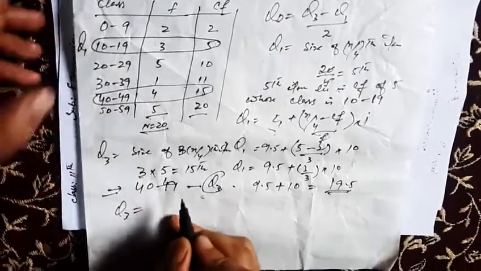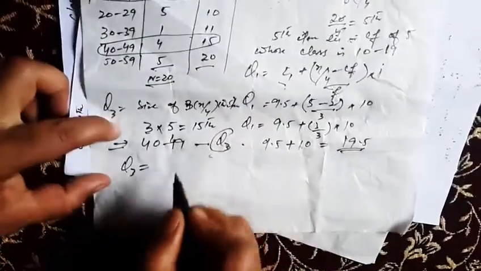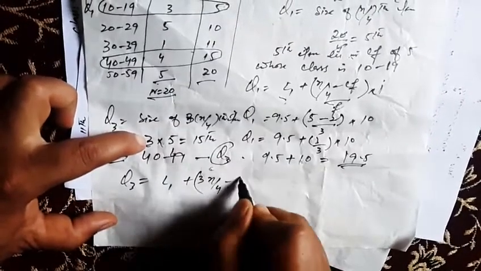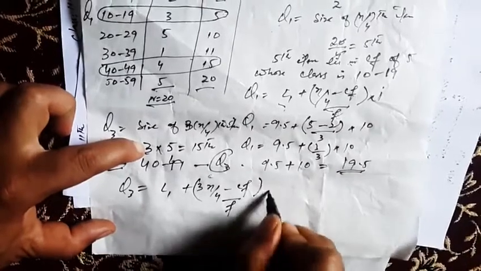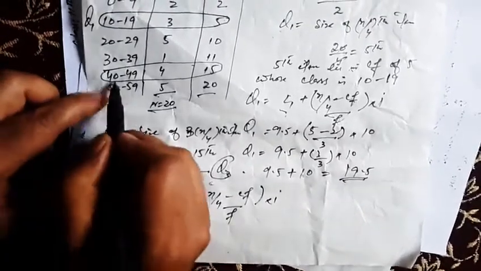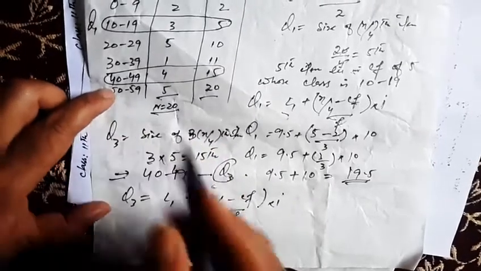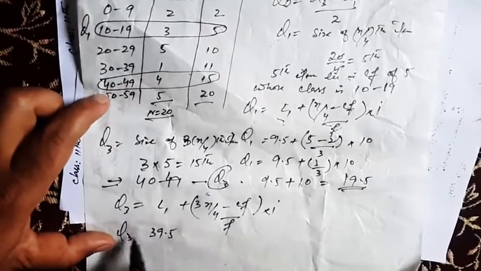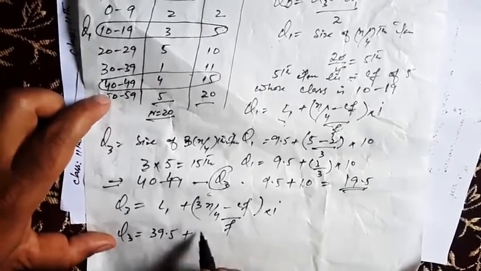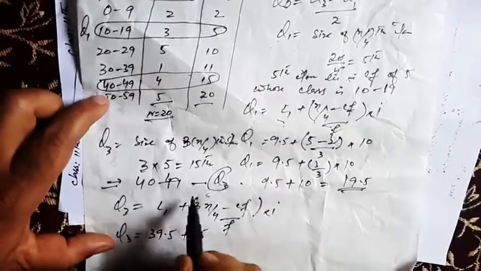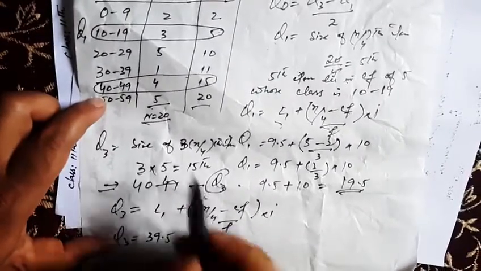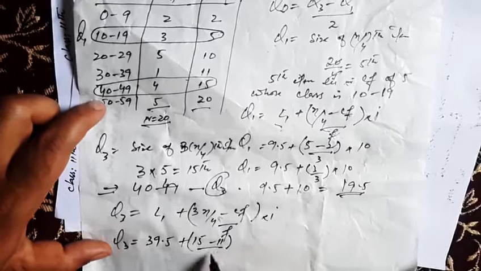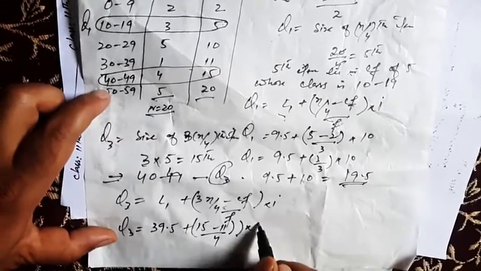The formula for calculating Q3 is L1 plus 3n by 4 minus CF divided by F into I. L1, the lower limit, is 40, but we have to write 39.5 as we have to subtract 0.5. So it is 39.5 plus 3n by 4, which is 15, minus CF, the cumulative frequency just above, that is 11, divided by frequency 4, into I, which is 10.